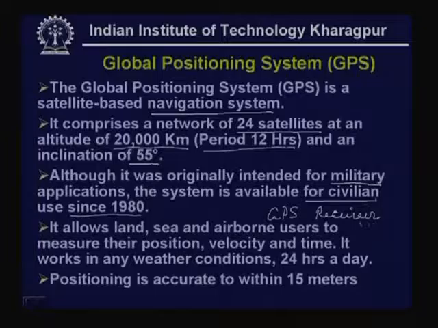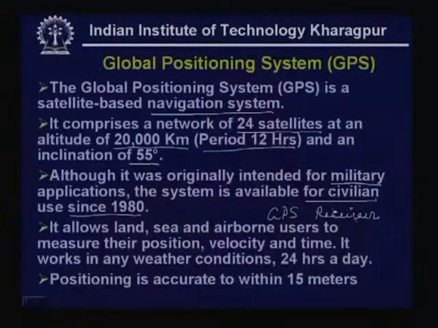A GPS receiver has been found to be a very invaluable tool to the captain of an airplane, to the captain of a ship, and very soon it will be used by people traveling on road, in vehicular traffic. So, every car owner, every ship owner, every pilot in an aircraft will have such a receiver.